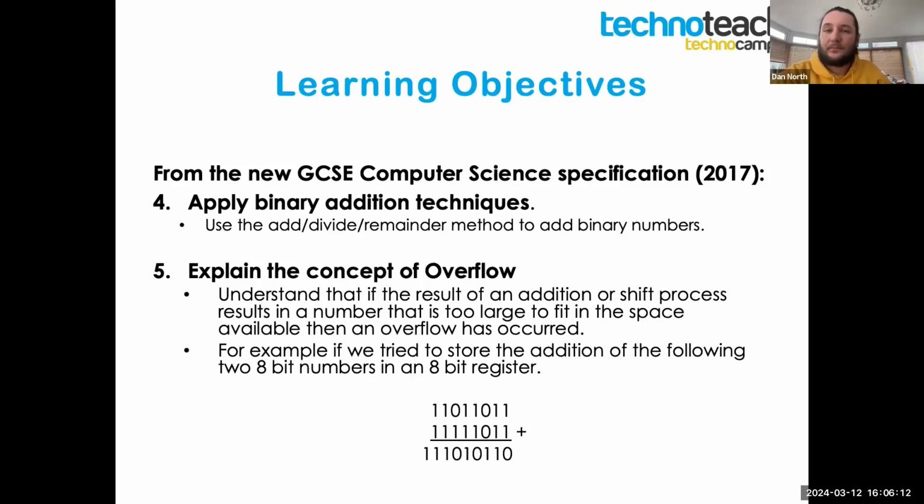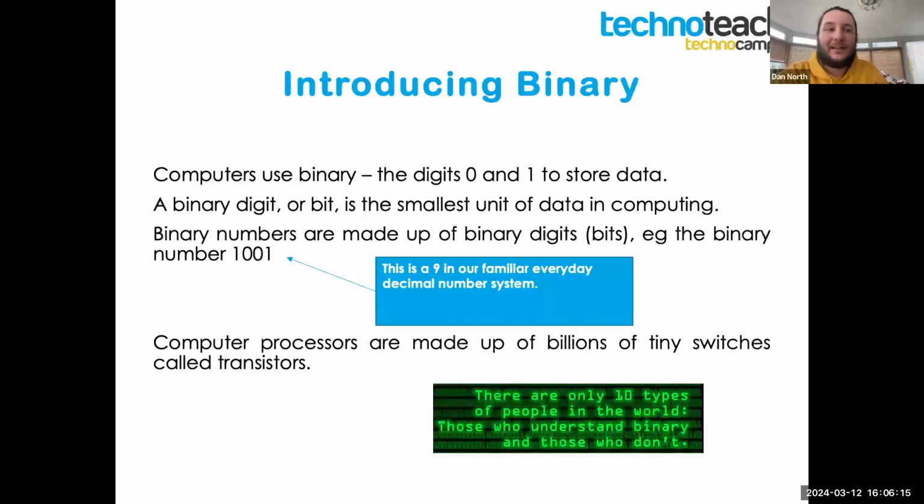And so on. So if anyone is completely new to binary or not very confident at all, we know that computers use binary, the digits 1 and 0, to be able to store data. And therefore, a binary digit, a single bit, as we call it, is the smallest unit of data in computing. So whenever you hear bits, they are talking about a single binary digit, either a 0 or 1, either on or off, either true or false.